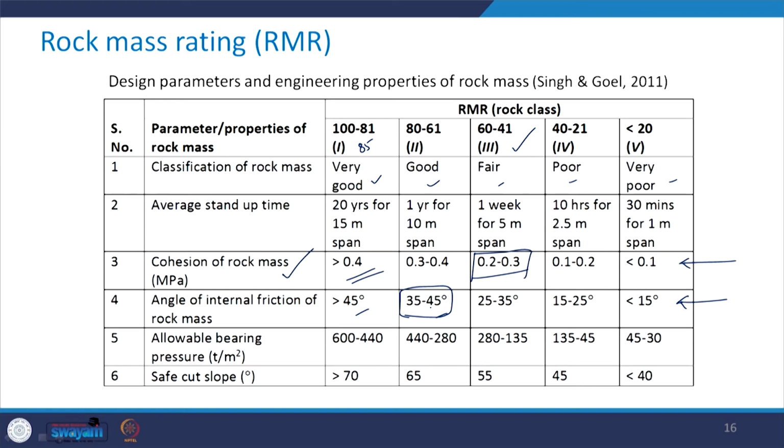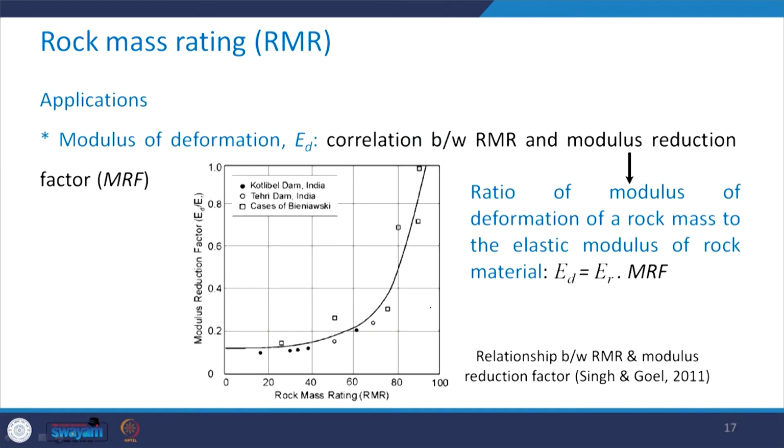So, please remember that. The next application is the determination of modulus of deformation. I already defined this for you, that how the modulus of deformation is different than the elastic modulus. So, the correlation between RMR and the modulus reduction factor, which is MRF, is given in this figure.